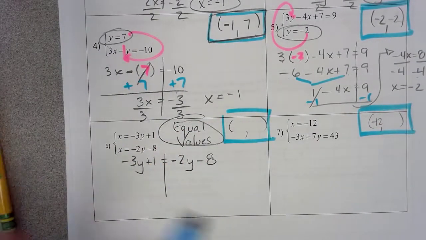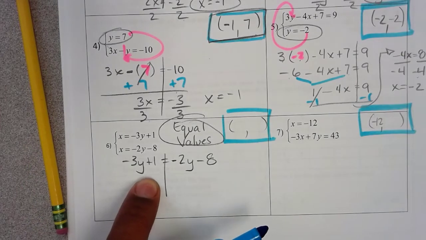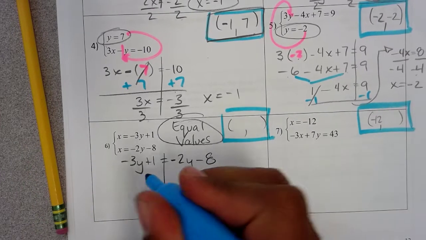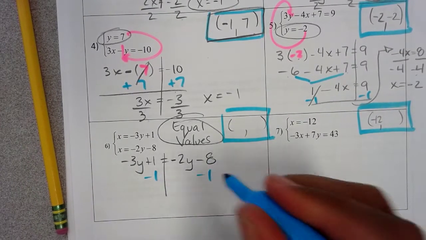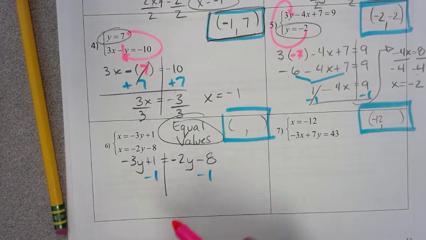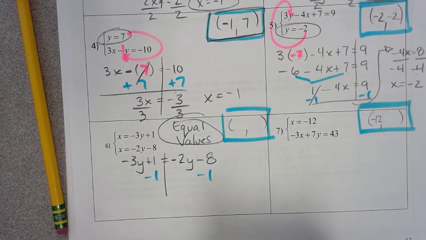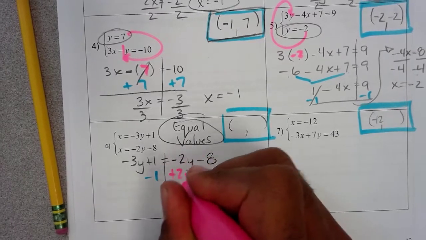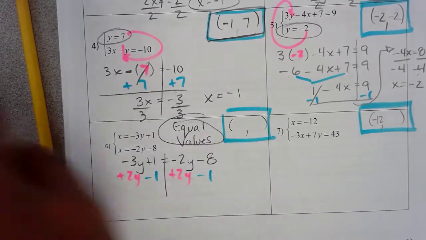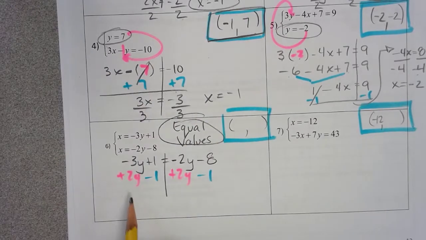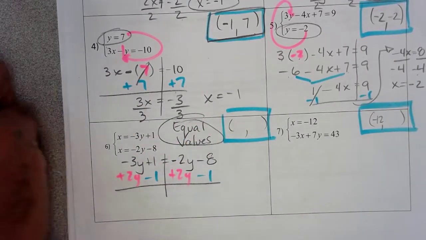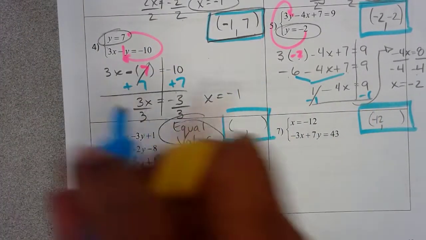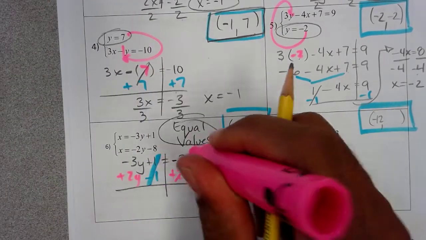Okay, so let's start on the left side. What do we need to take away over here? Take away 1. And then on the right side, what do we take away? 2y. So what do we do? Add 2y. I can do it all in one step. Now I'm going to cancel out the 1's here and the 2's there.